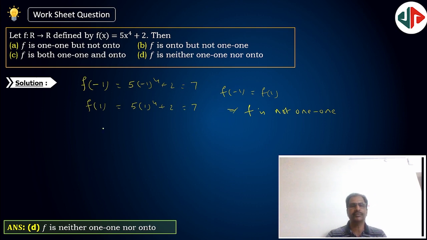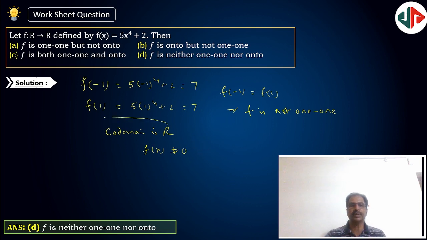Now how to check whether the function is onto or not? By finding range and codomain. What is codomain given? All real values. But f of x can never be 0. Given function can never be 0, which means in range of f of x 0 will not be there.